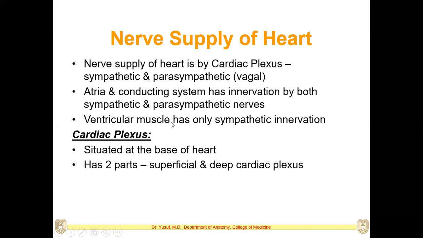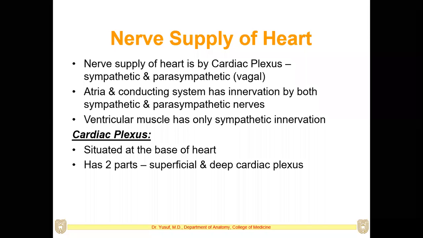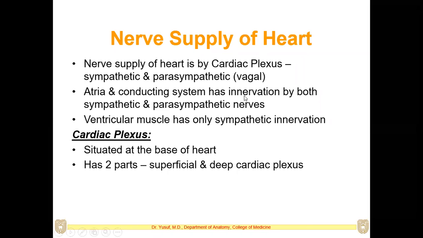But remember, ventricle muscle has only sympathetic innervation. There is no parasympathetic innervation. There is no vagal connection for the ventricles. Atria and conducting system are controlled by both sympathetic and parasympathetic, but the ventricles are controlled only by sympathetic innervation.